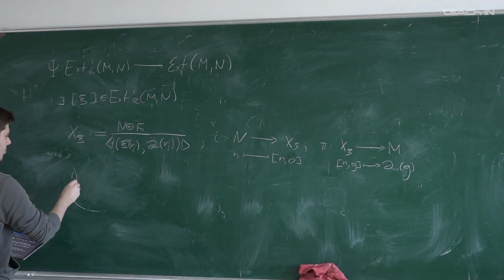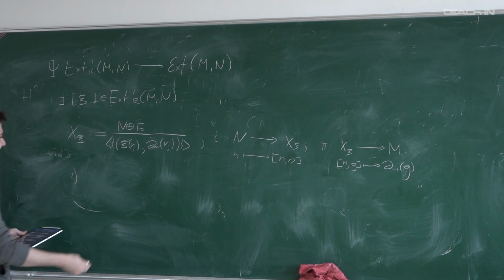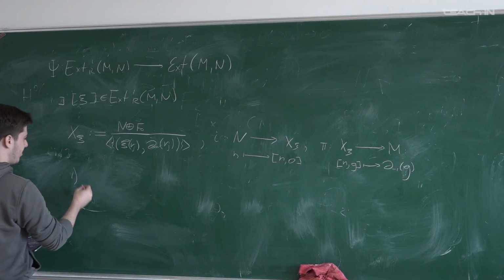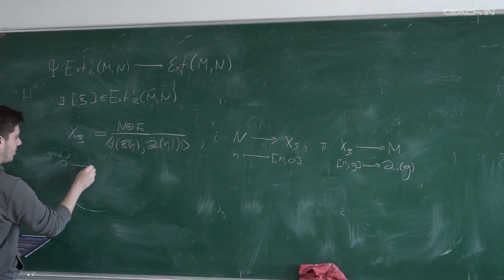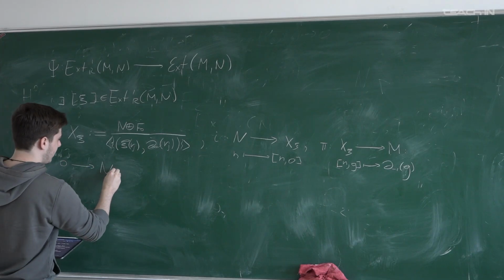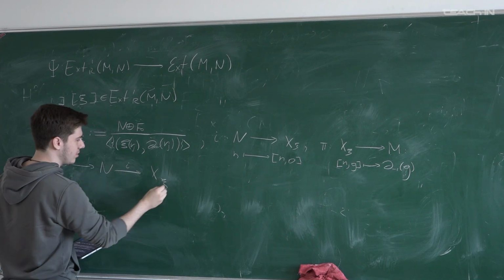Correctness is a little bit obvious; everything here is obvious, just tedious. So I want to check that indeed, if we define everything like this, we get a short exact sequence.